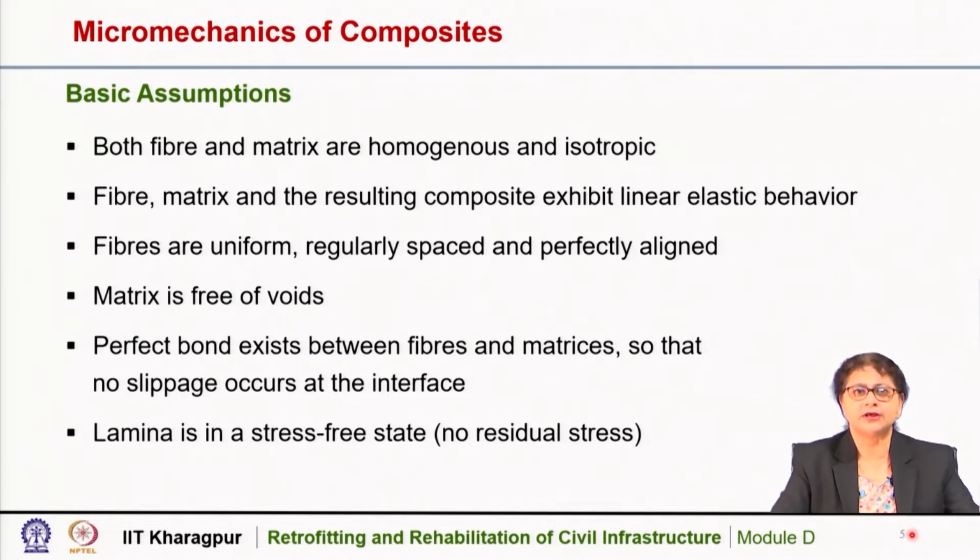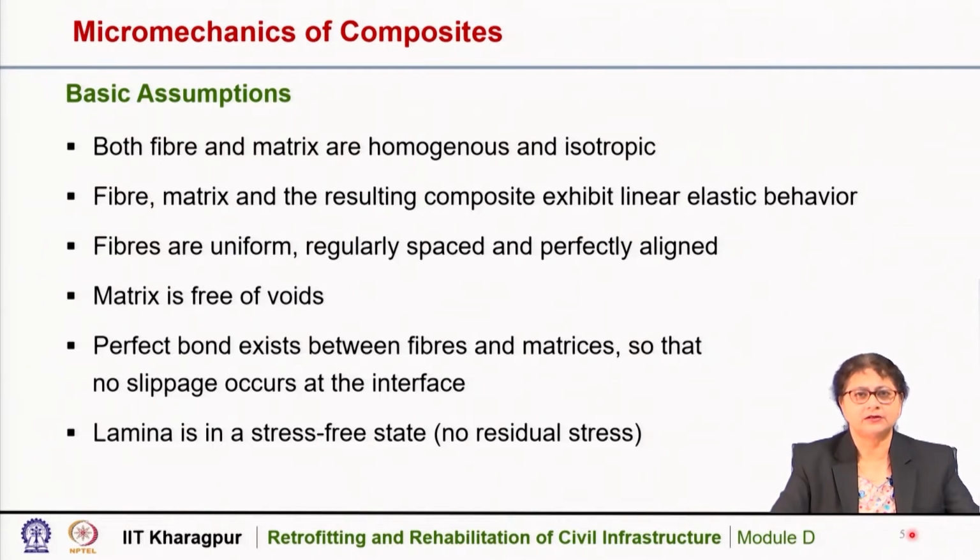The fiber, matrix and the resulting composite exhibit linear elastic behavior. We have seen in the earlier lecture that the stress strain relationships of fiber and matrix are generally linearly elastic and the resulting composite also.